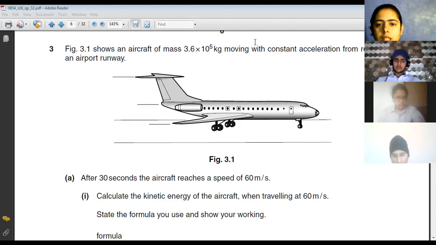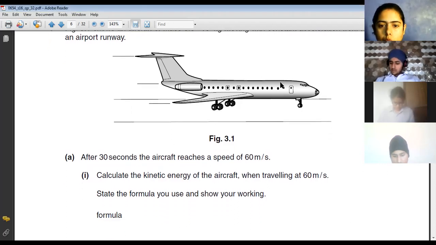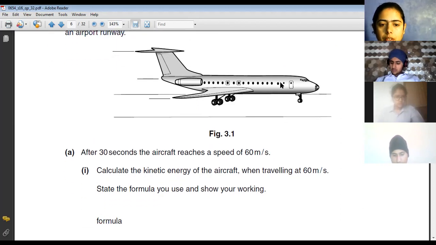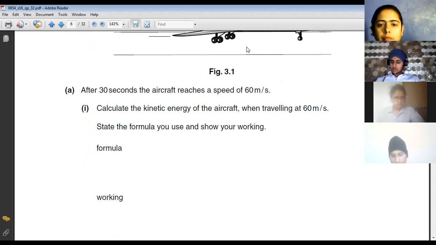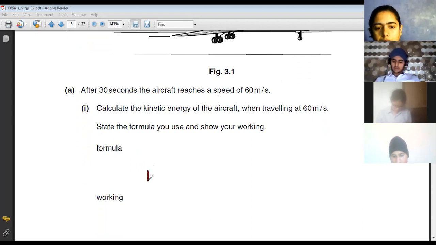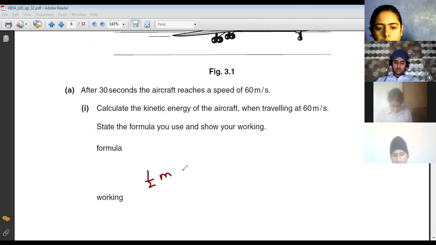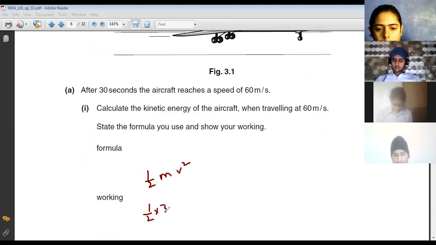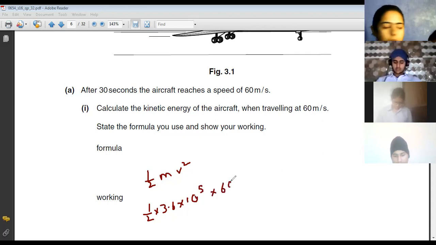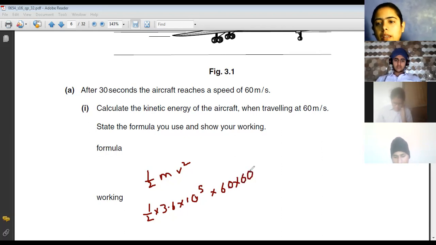So what is the answer? Okay, so half into mass into velocity.